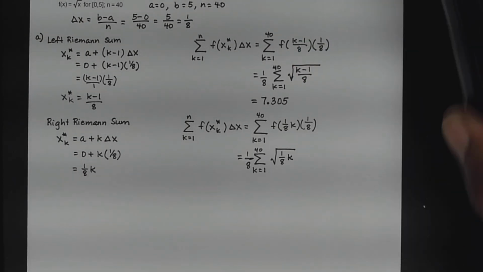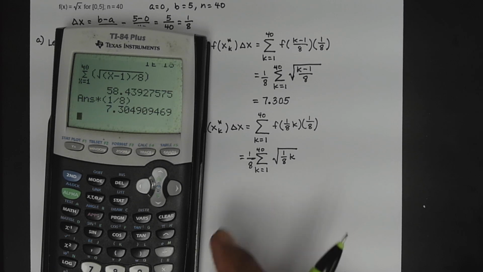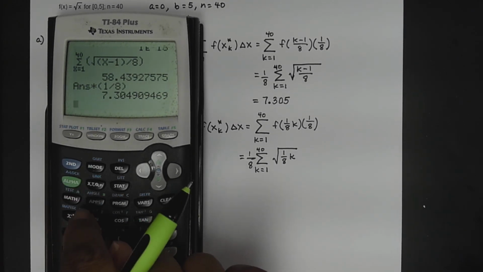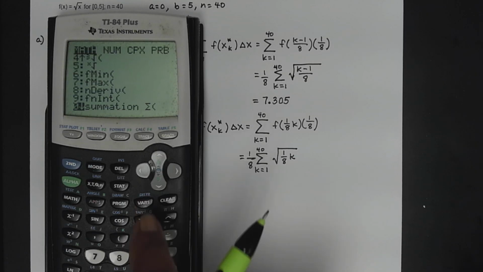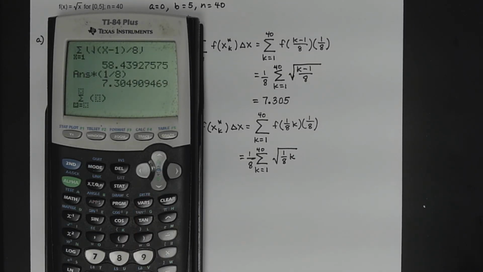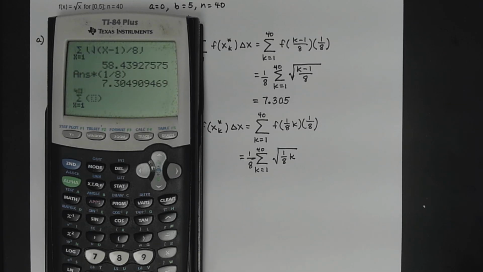Now we can use the graphing calculator. I'm going to do this first and then multiply it by 1/8. So press the math key, go down to summation, and I'm going to use x instead of the k this time. It's easier for me to do it that way. It'll be x equal to 1, up arrow to the upper limit of 40, and then right arrow to go inside the parentheses.